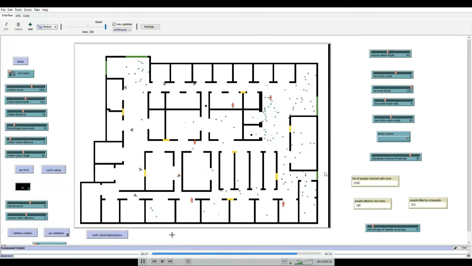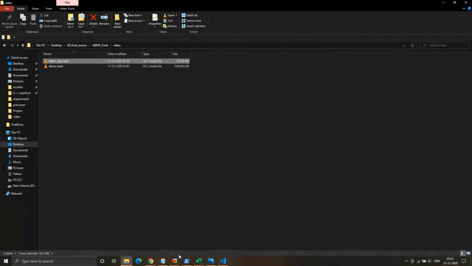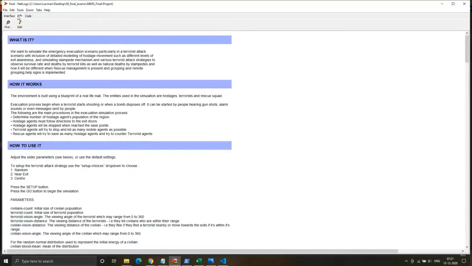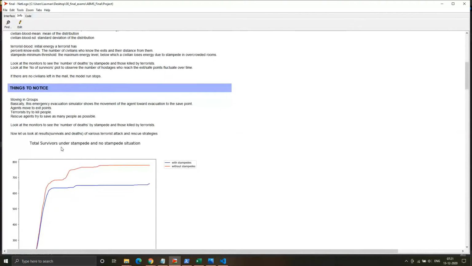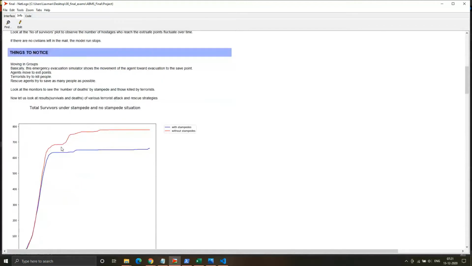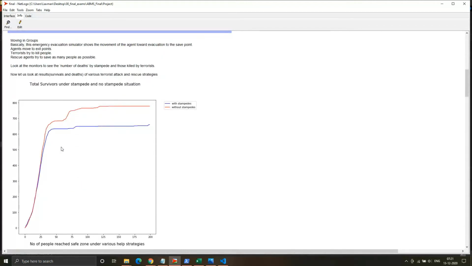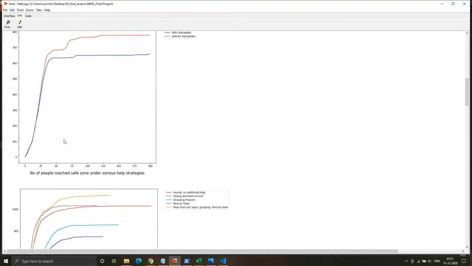As you can see, out of 1651 people, nearly 1100 people reached the safe zone. And finally, the results. We ran our simulation under various conditions, such as stampede and no stampede situations. We found that with stampedes, obviously, the number of survivors is much lower compared to without stampedes.